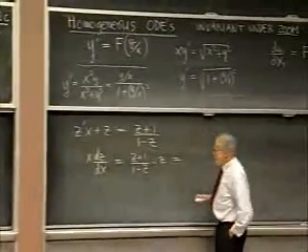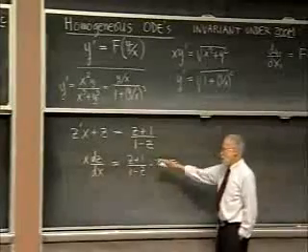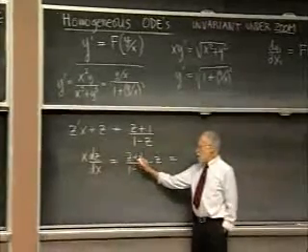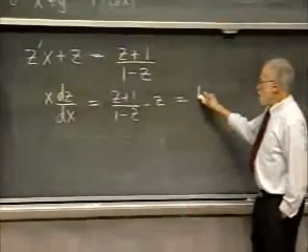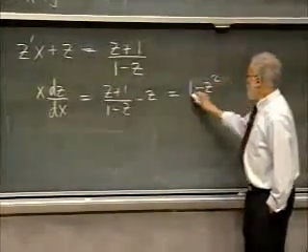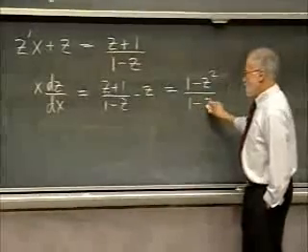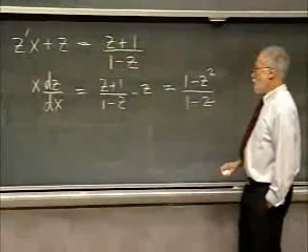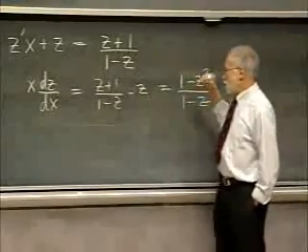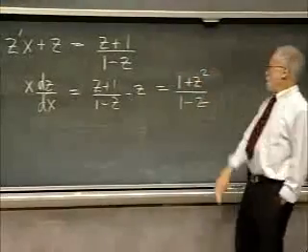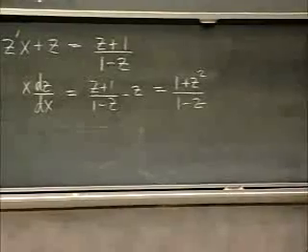Otherwise, you're in for quite a lot of mess if you don't do this nicely. So z plus 1 minus z, that gets rid of the z's. The numerator is 1 plus z squared over 1 minus z.